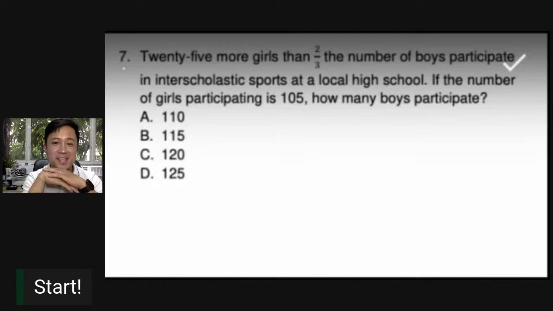All right, looks like this is a difficult question. Post your answers now if you have an answer. I'm not seeing any responses yet. I'll give you about 15 more seconds to try this problem.